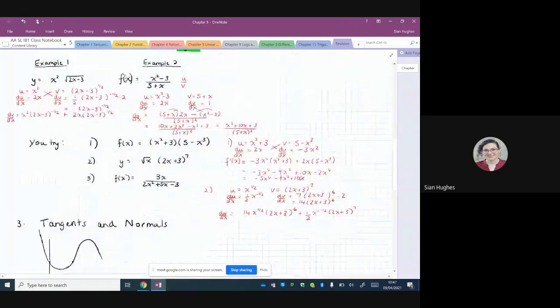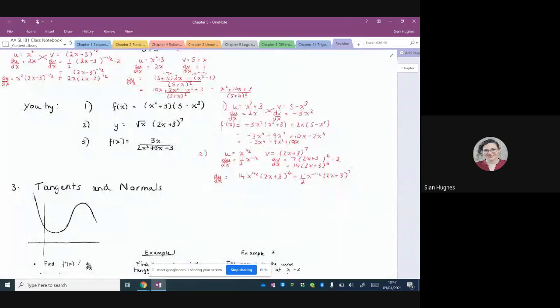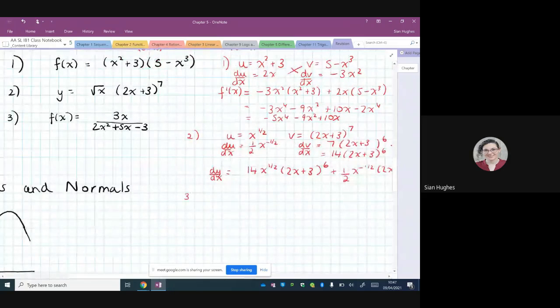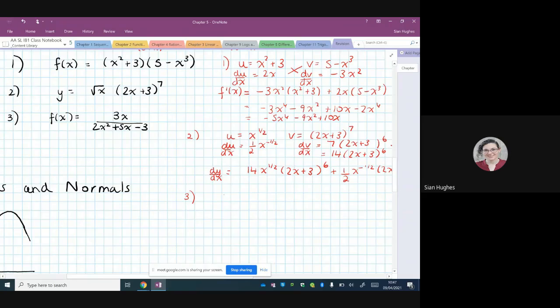And then finally, question 3. This time we've got quotient rule. It was a fraction, so u is 3x, v is 2x squared plus 5x minus 3. So du by dx is 3. dv by dx is 4x plus 5.